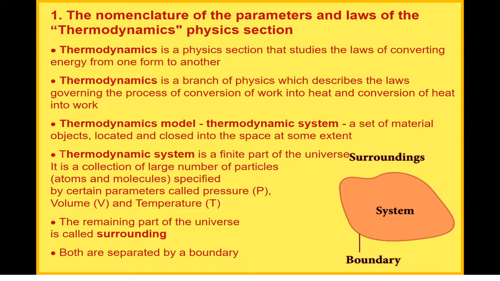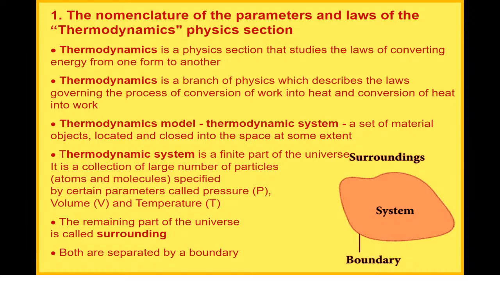Thermodynamics generalizes all objects as the thermodynamics model, the thermodynamic system. What is this? It is a set of material objects located and closed in space to some extent. A thermodynamic system is a finite part of the universe.